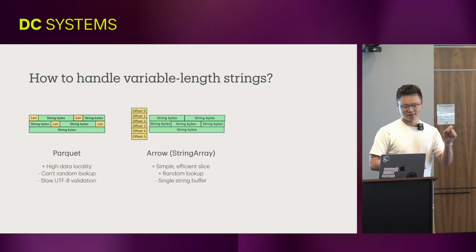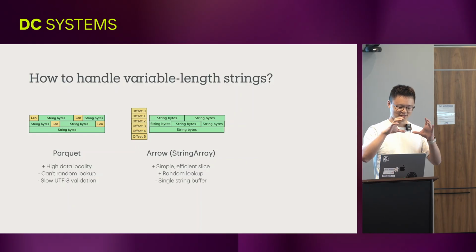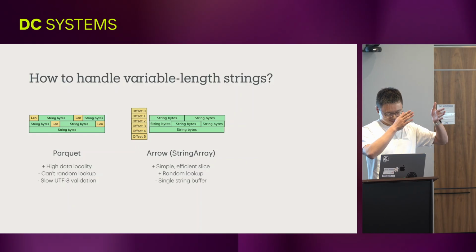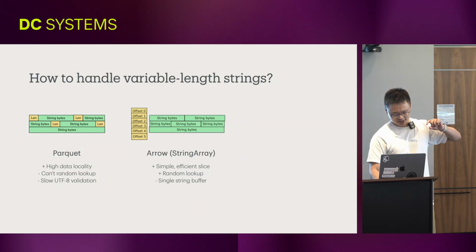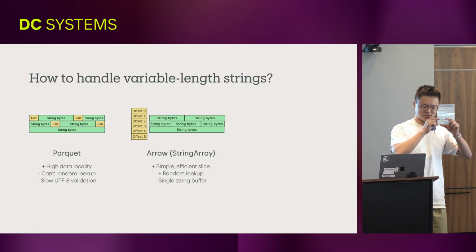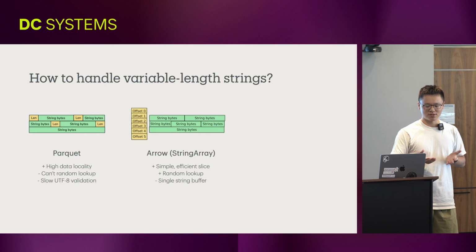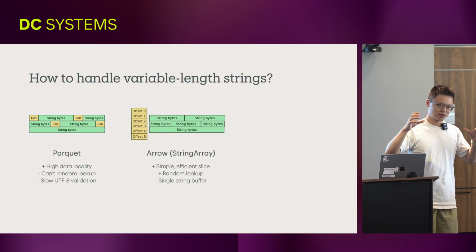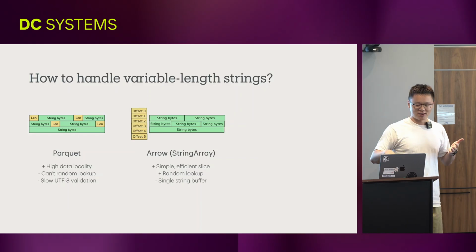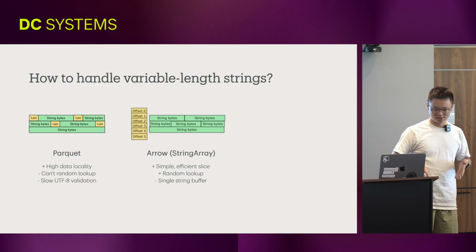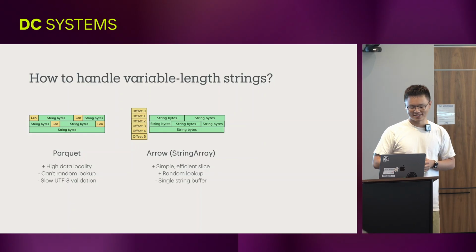So you can do random lookup, and because the offsets are next to each other, the string length can be calculated as the difference between two offsets. But the problem with this approach is that it requires all the strings to be in a single buffer. So if you want to select every other row in the string array, you have to copy every other string to a new buffer. That's problematic.